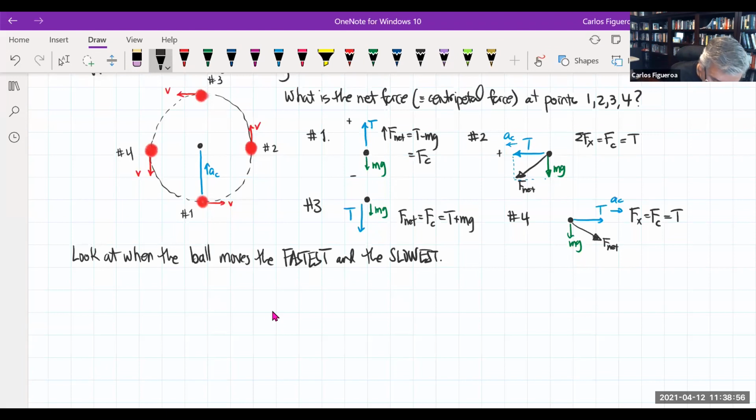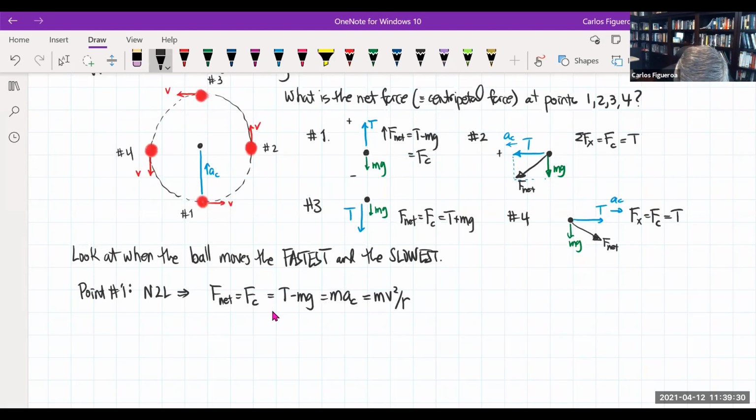So if I look at point 1, N2L tells us here that the net force, which is the same as the centripetal force, is then going to be T minus mg, and this is going to be ma centripetal. Now note, I can write ma centripetal as mv squared over r.